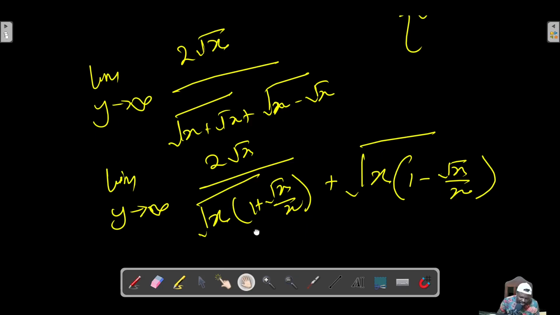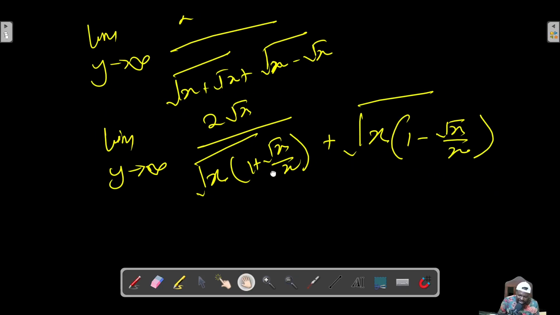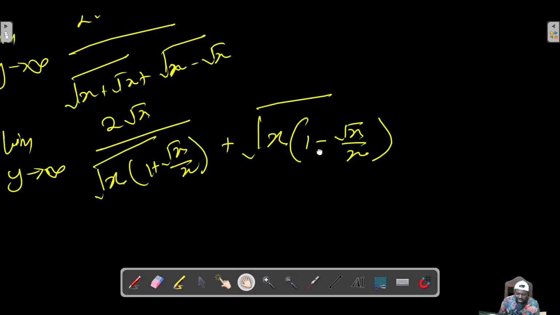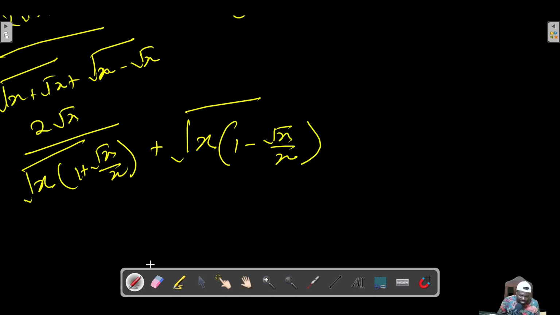Now, what can I do next? It is so simple. What can I do next? 2 root x.